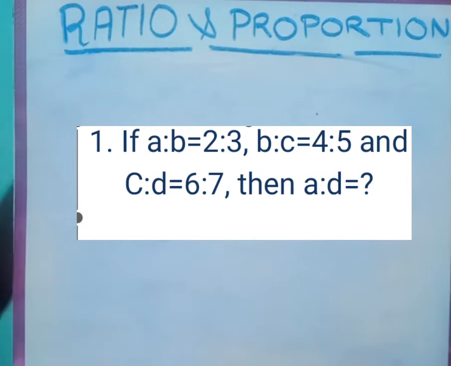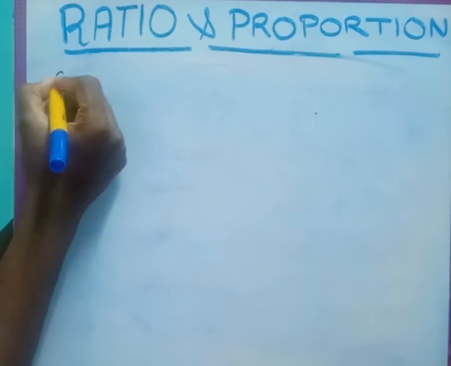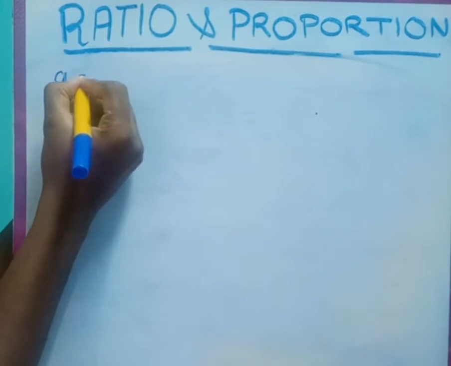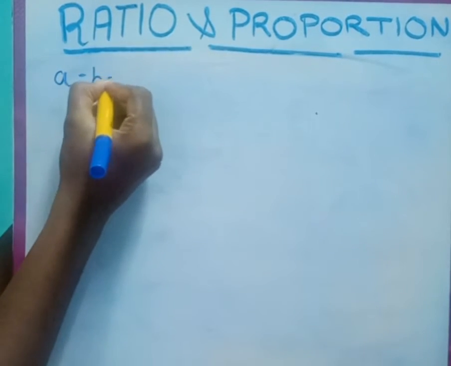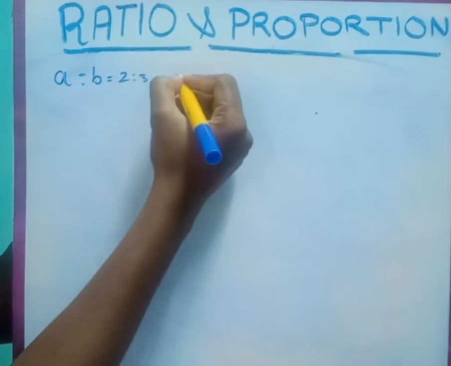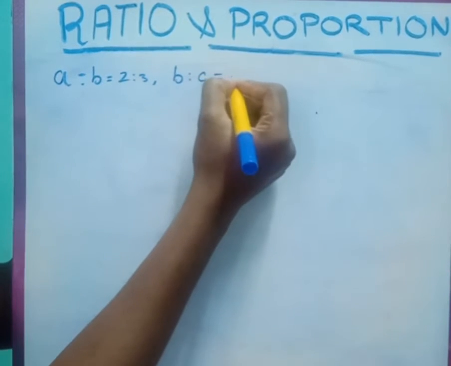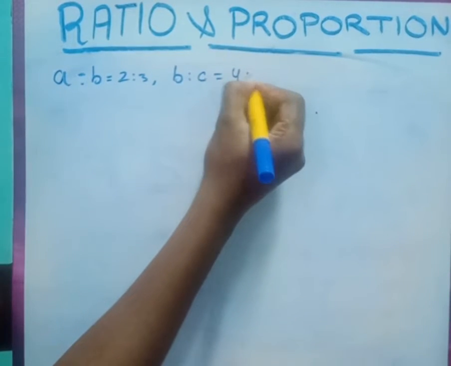So friends, in this question, what is given? A is to B is 2 is to 3, right? And B is to C equals 4 is to 5.